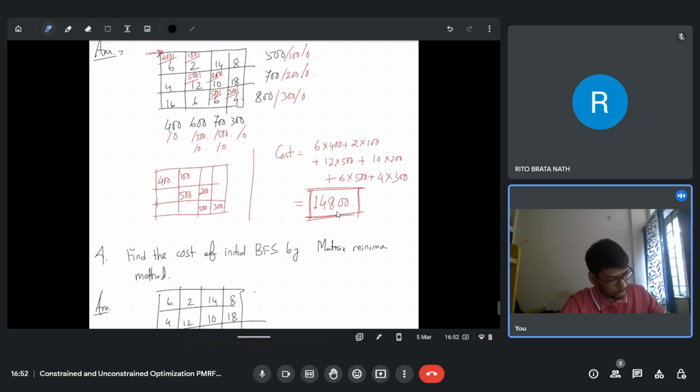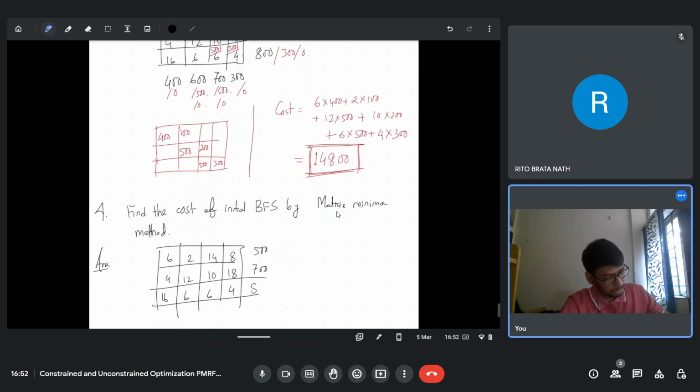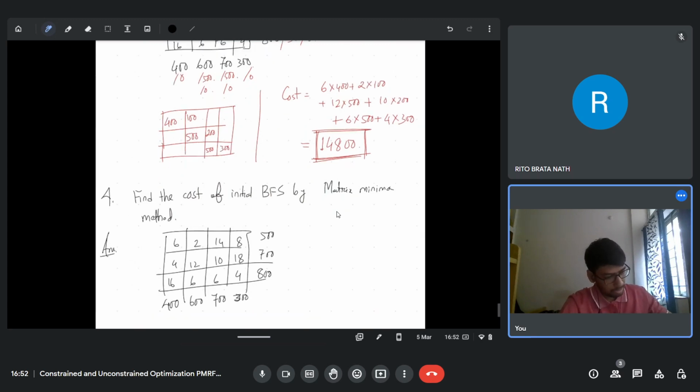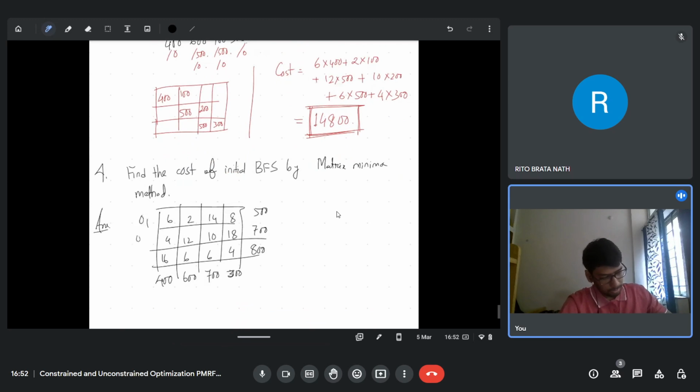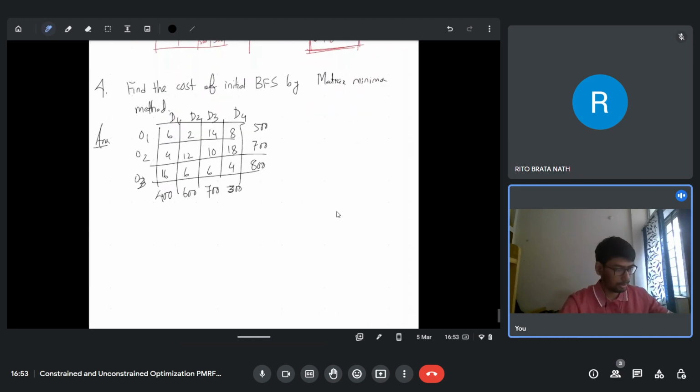And these are your supplies 500, 700, 800. This is demands 400, 600, 700, 300. So this is O1, O2, O3, D1, D2, D3, D4. So overall, which one is the minimum in this matrix?